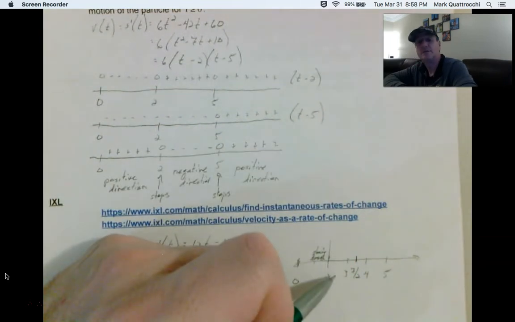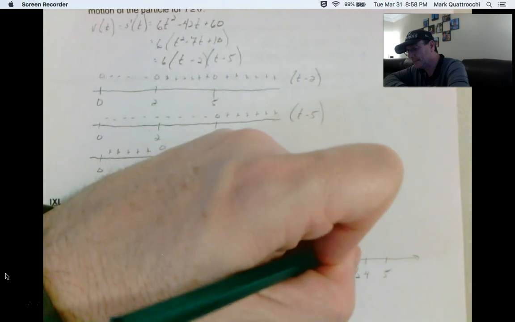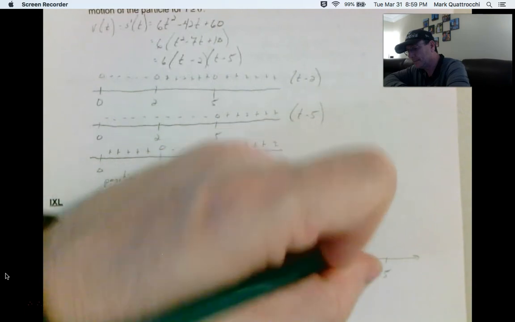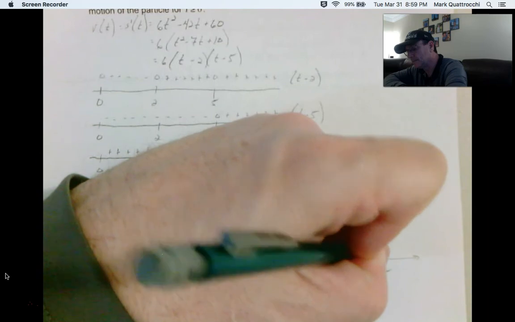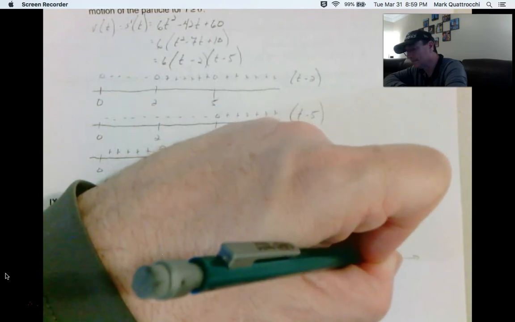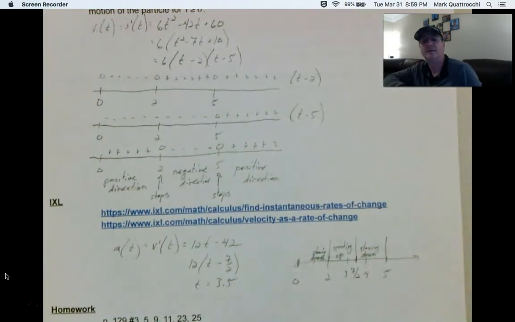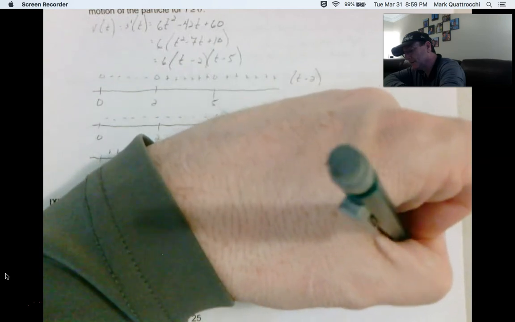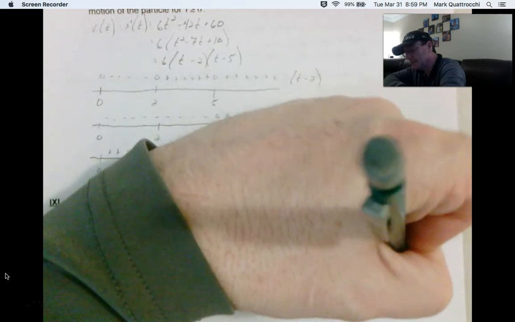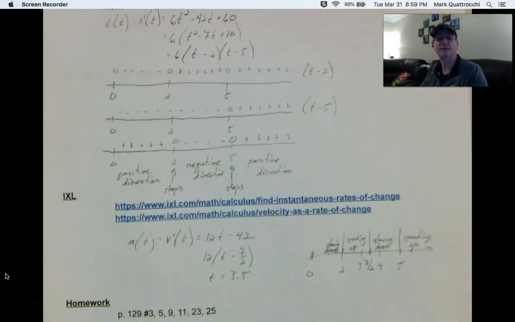At 2 it has stopped. It's speeding up until it gets to 3.5 or 7/2. And it's slowing down till it gets to 5, and it stops again, and then it's speeding up again after 5. It's just going to keep getting faster and faster and faster.